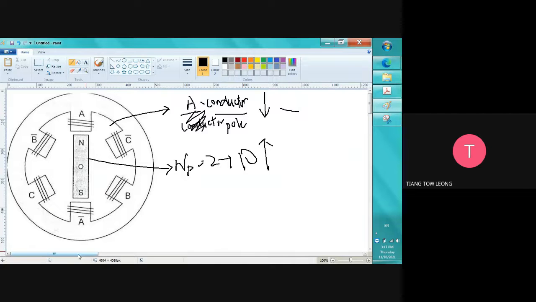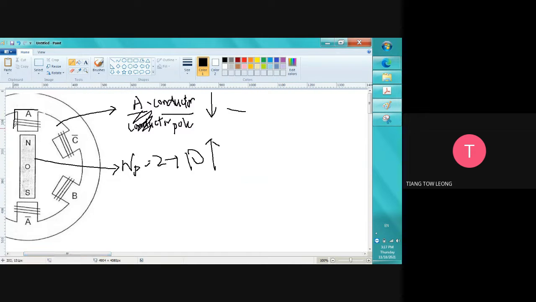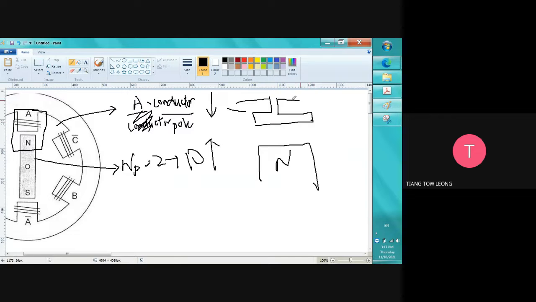Maybe I explain if we focus here, and this is the magnet, and this is our foot, let's say like this. Although it's a little bit different, this one has no teeth, here there are teeth. So if the number of poles becomes more, just now it's a two pole, right?